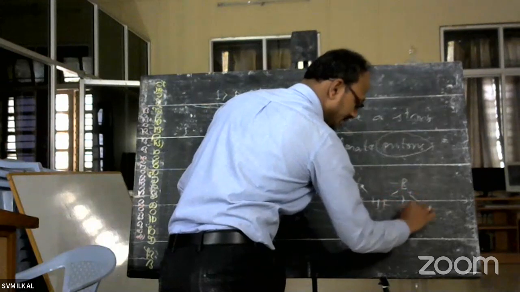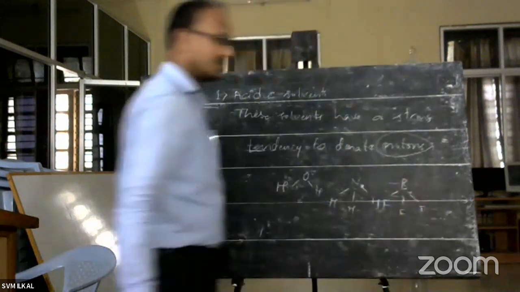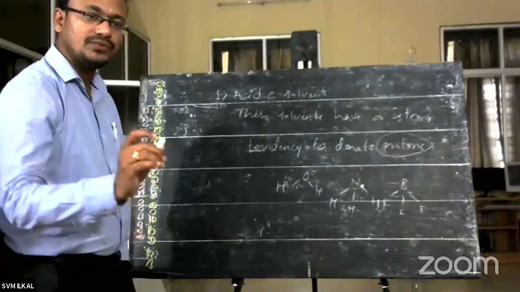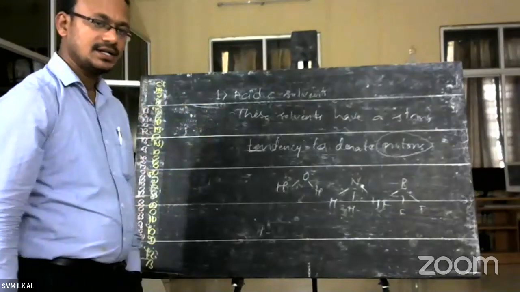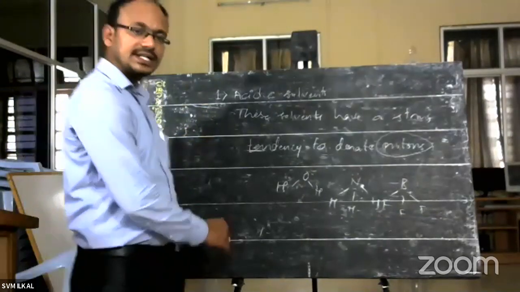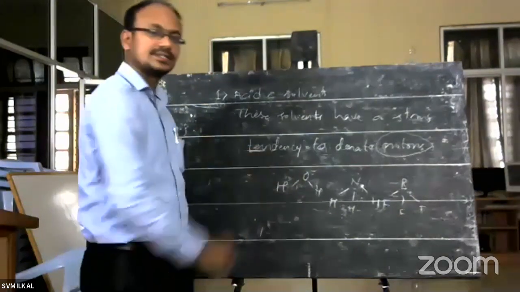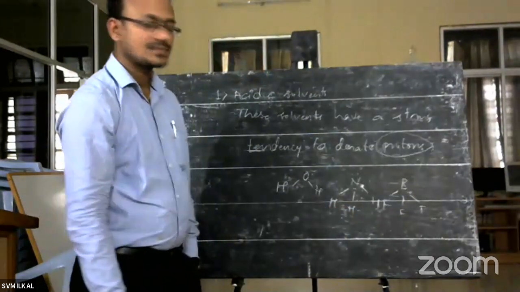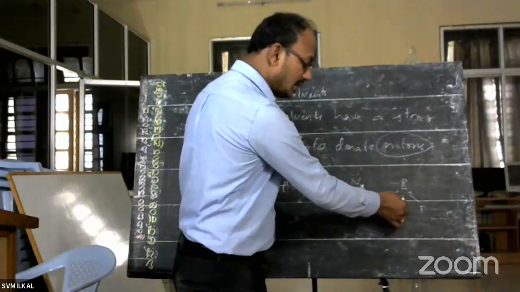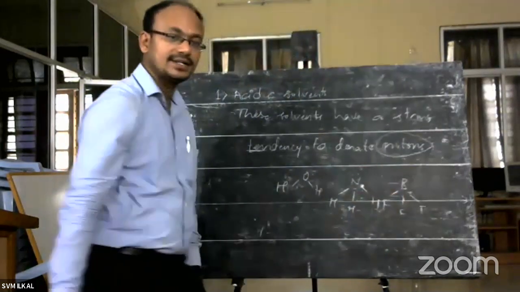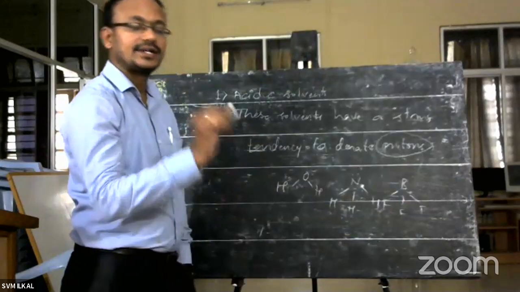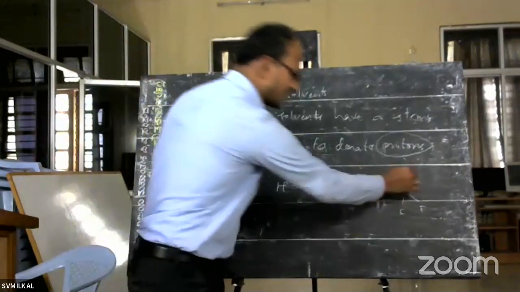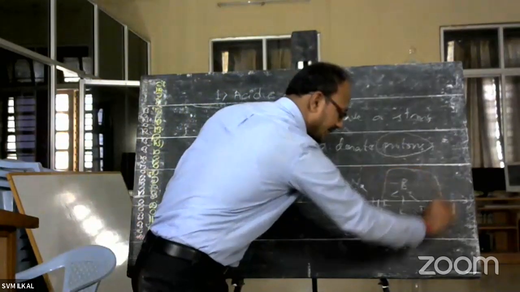We should have a clear idea about why we write the water molecule in this bent form, why ammonia is pyramidal, and why boron trifluoride is trigonal planar. Later we will discuss this one.